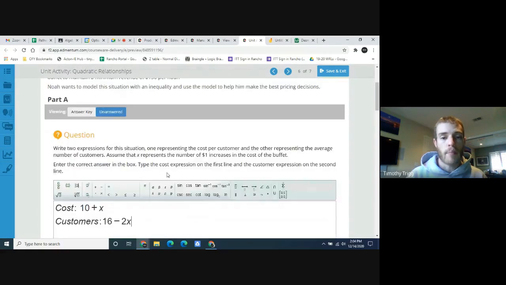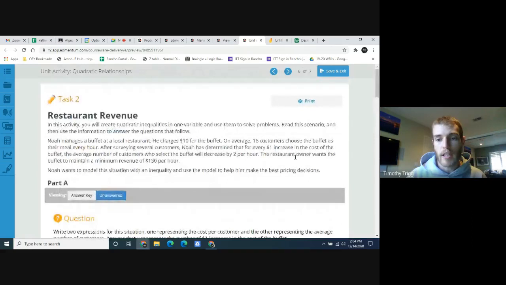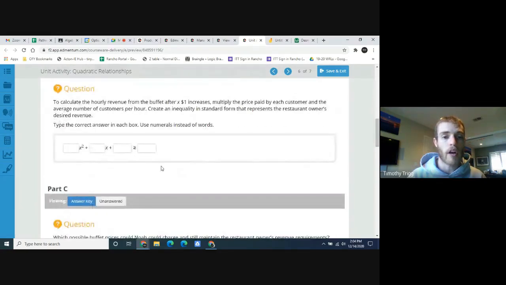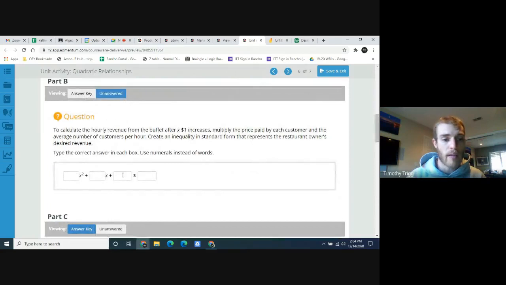Now, if we recall up here, it says the restaurant owner wants the buffet to maintain a minimum revenue of $130 per hour. So when I look at our inequality, this will be the revenue coming in, and we want the revenue coming in to be greater than or equal to 130.